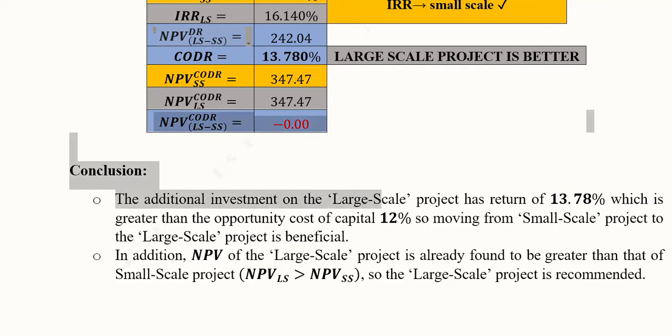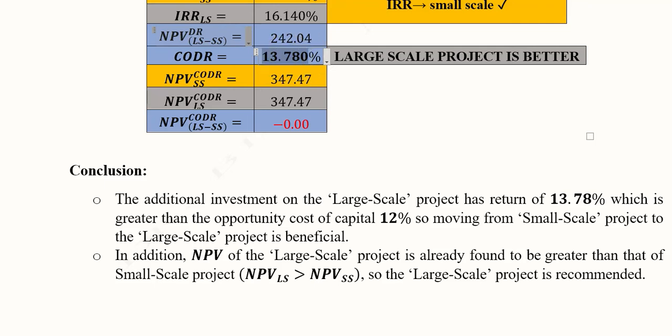So the large scale project is to be compared with the small scale project, and we were also given the opportunity cost of capital, which was 12%, and it had to be compared with the crossover discount rate. That is, in simple words, the additional net benefits of going for the large scale project, the internal rate of return or the rate of return of it will be known as the crossover discount rate.